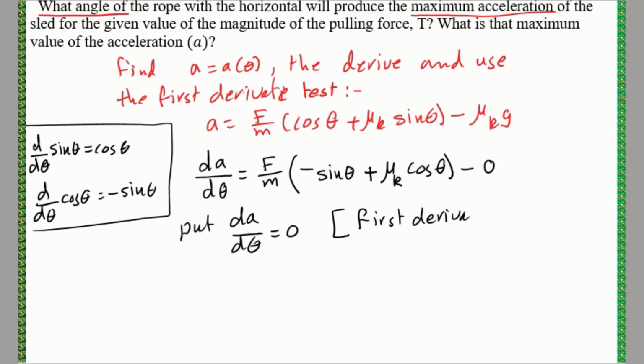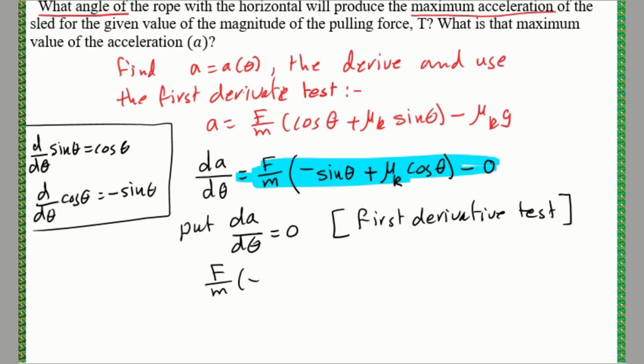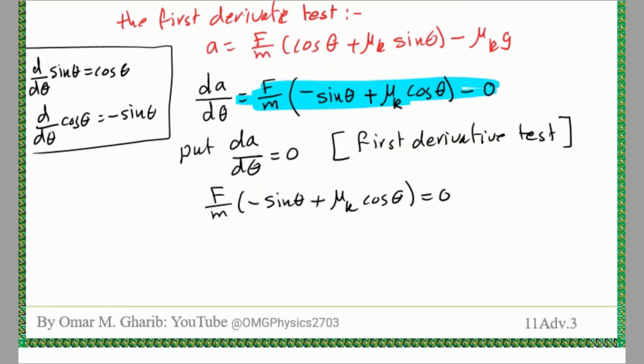Now putting dA by d theta equals 0, F over m times minus sine theta plus mu k cosine theta should be equal to 0 for maximizing the acceleration.